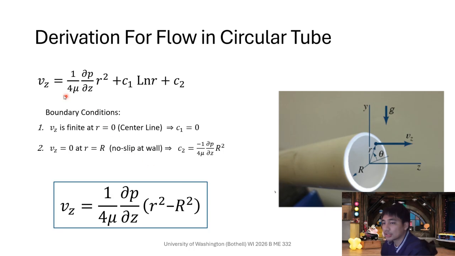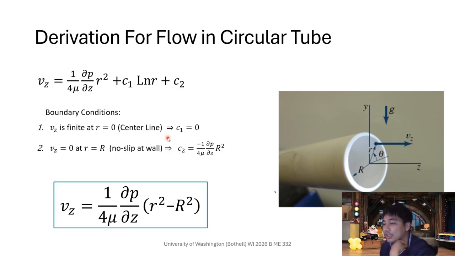Okay, so once you get your equation for vz, which is your velocity in the z direction, you then have to apply your boundary conditions. So vz is finite at r equals 0. That just means in the center of your tube here, when r is equal to 0, finite means an actual number for velocity.